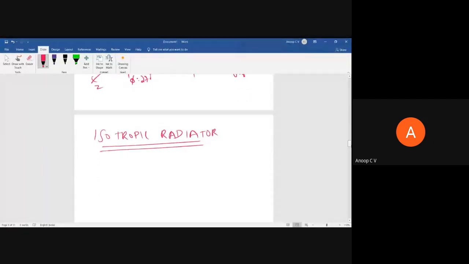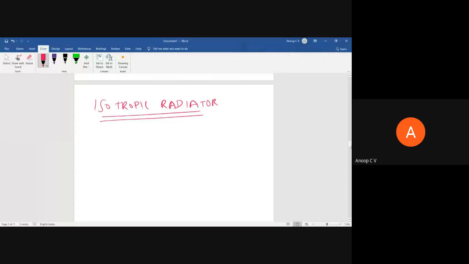Right. Isotropic and anisotropic. Isotropic radiator means an antenna or a radiator which can radiate equally well, or the same way, in all directions, right?